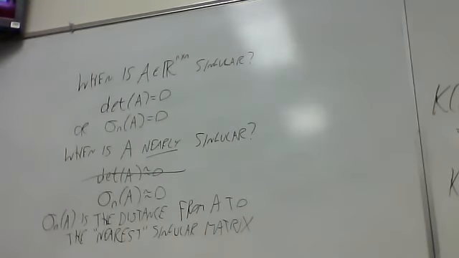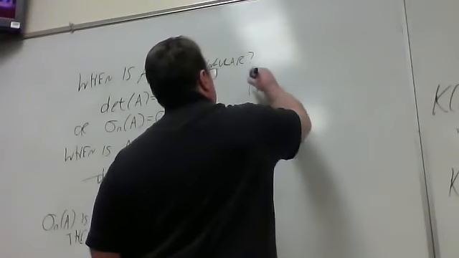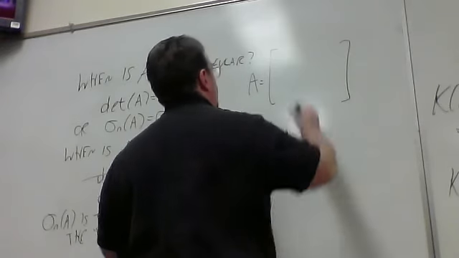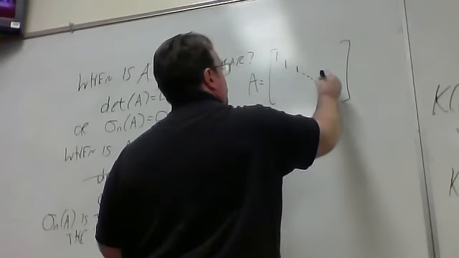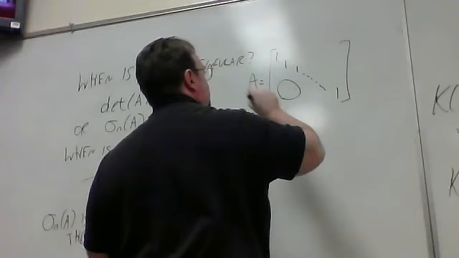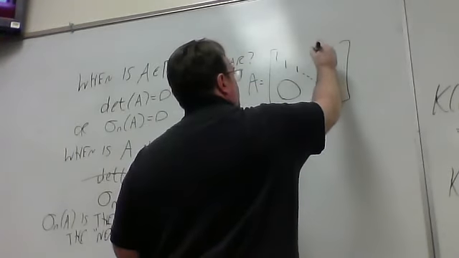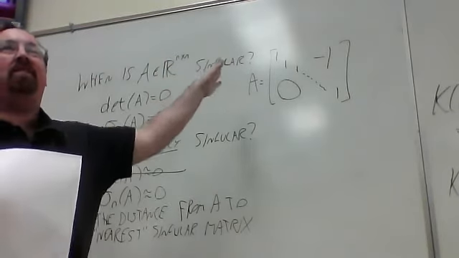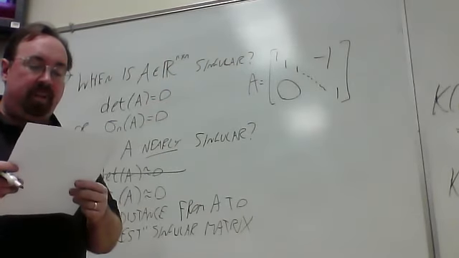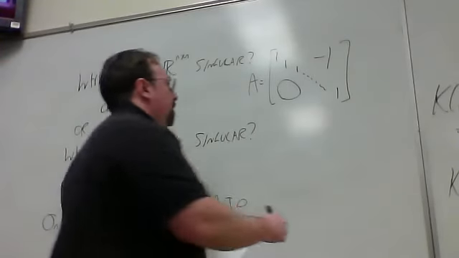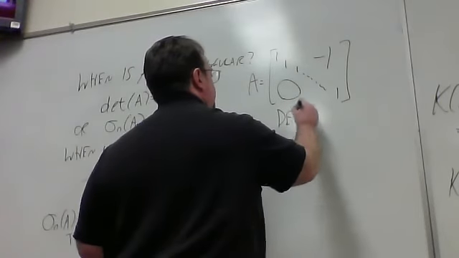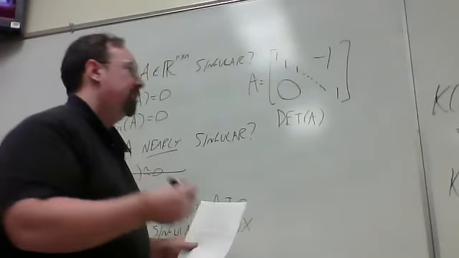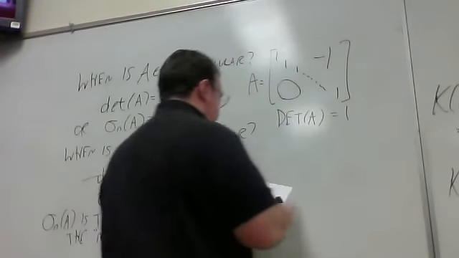On the other hand, consider a matrix like this that is upper triangular, so it has ones all the way down the diagonal, zeros in the lower triangle, and then I'm going to put a big -1 here to mean that all the entries above the diagonal are equal to -1. Since A is upper triangular, you just multiply all the diagonal entries, so the determinant is 1.